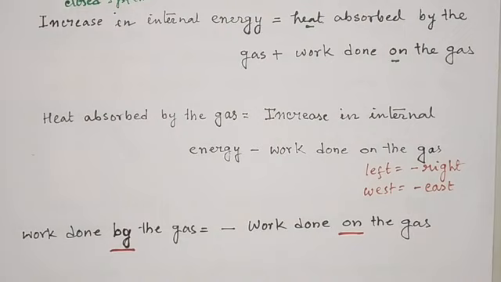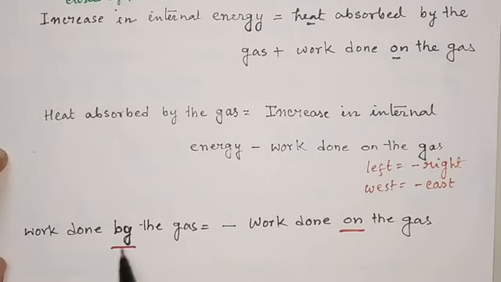So work done by the gas, that is, the gas is doing the work by itself, will be the negative of the other term, work done on the gas, that is, work being done on the gas by some external agent.